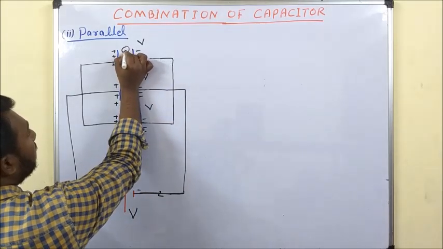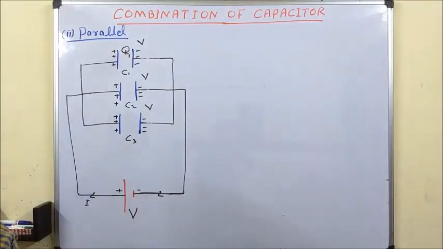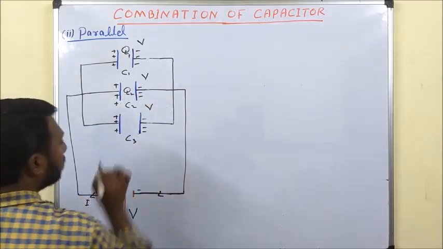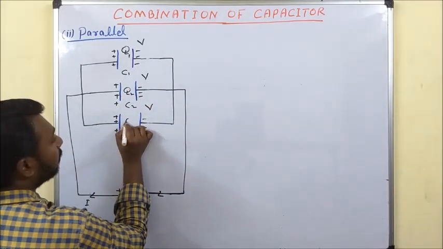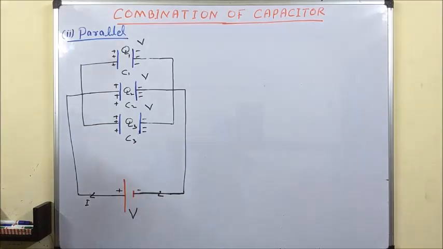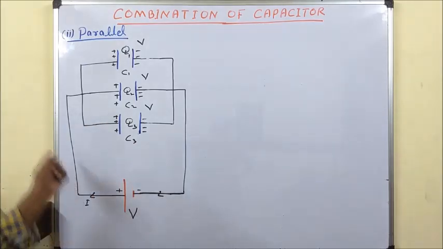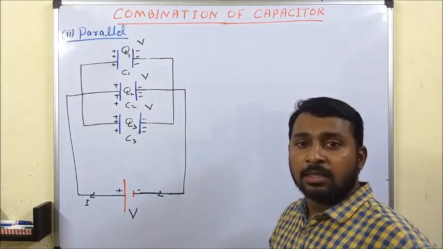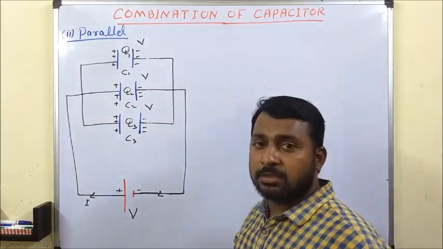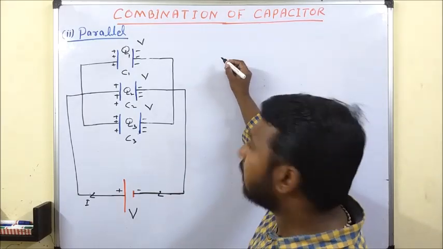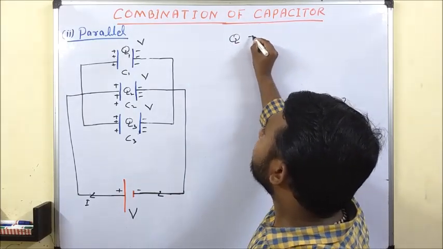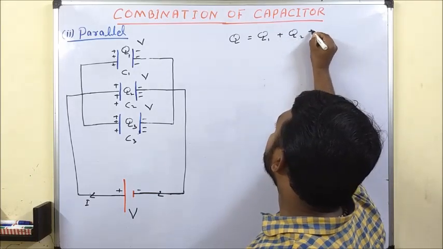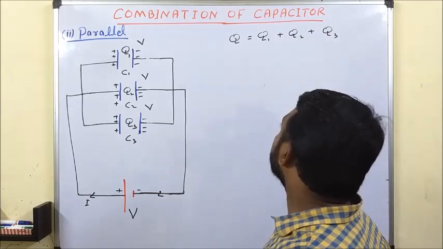The first capacitor will store a charge Q1, the second one will store a charge Q2, and the third one will store a charge Q3. Clear? And the net charge stored in this system of capacitors connected in parallel will be Q is equal to Q1 plus Q2 plus Q3.